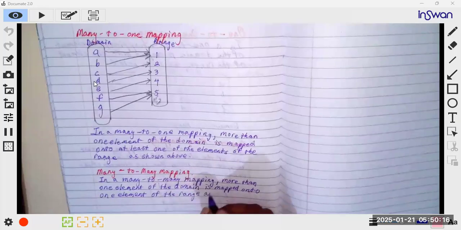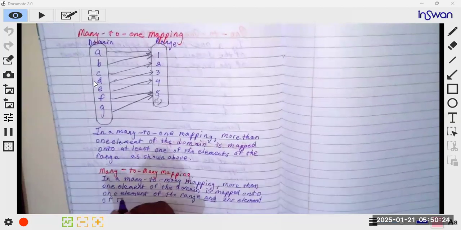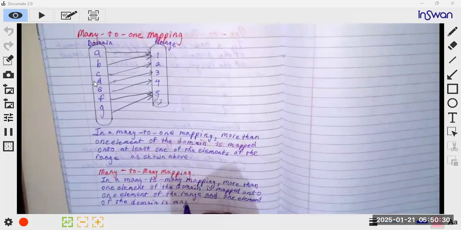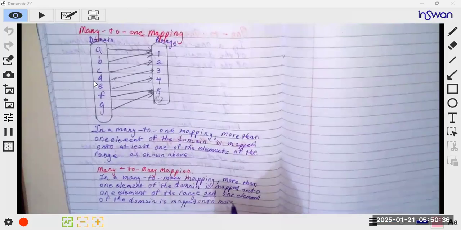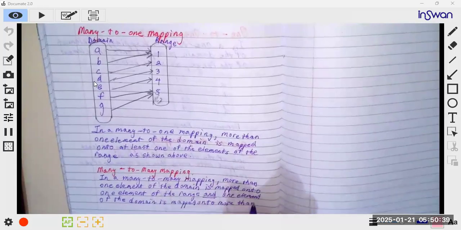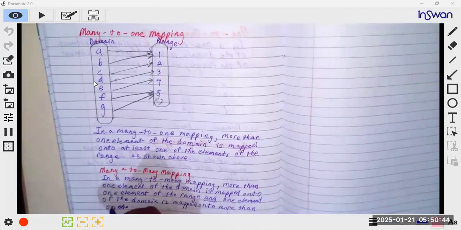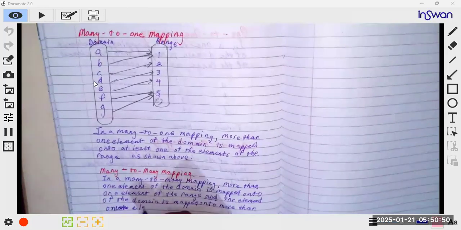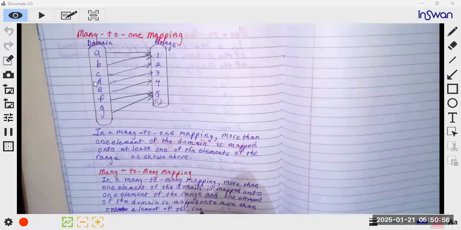And one element of the domain is mapped onto more than one element of the range, as shown below.